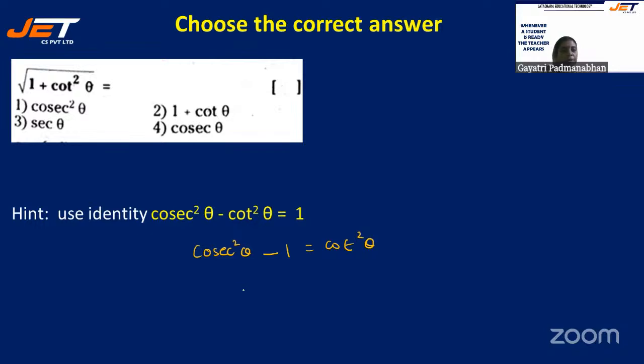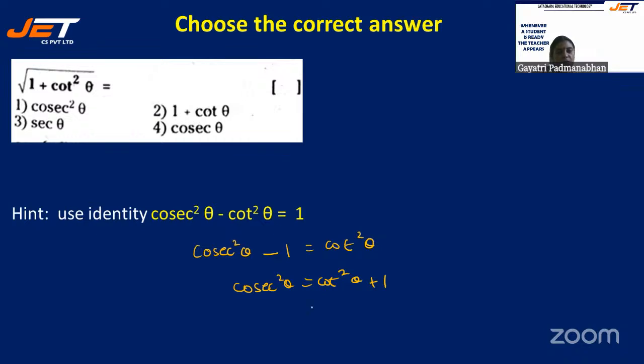Now we want cosecant square theta minus cot square theta. Okay. Now what is it we want? We want cot square theta plus 1. So what is cosecant square theta? It is cot square theta plus 1, because when this minus 1 goes there, it becomes plus 1.